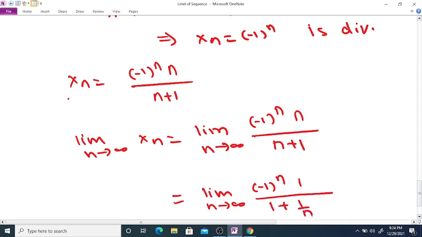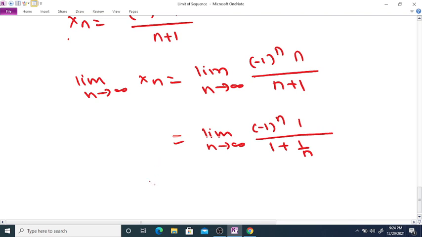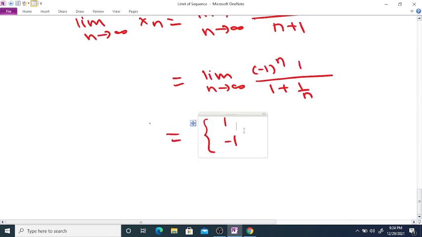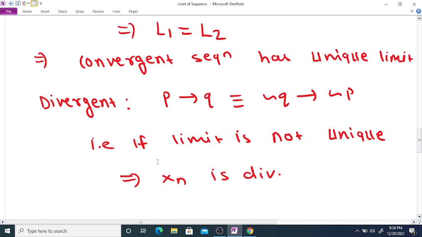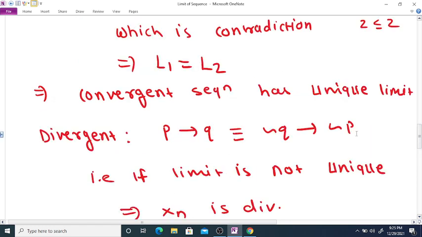Again, as n tends to infinity, the term 1 by n is equal to 0, and therefore this sequence has two limit points, 1 and minus 1. Therefore the given sequence x_n is divergent by using the above theorem. What does the above theorem say? If the limit is not unique, then the given sequence x_n is divergent. Thank you.